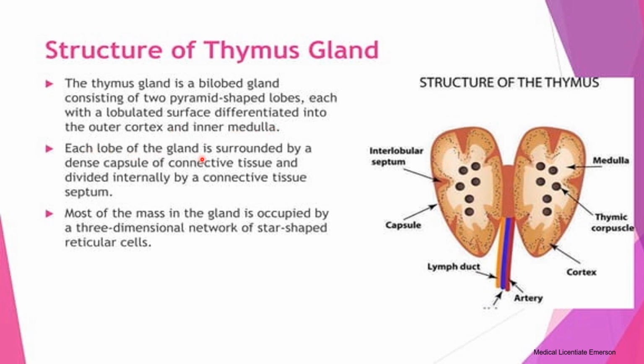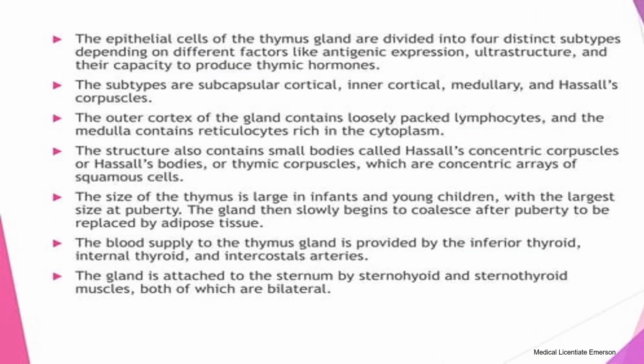Then each lobe of the gland is surrounded by a dense capsule of connective tissue and divided internally by a connective tissue septum. Then most of the mass in the gland is occupied by a three-dimensional network of star-shaped reticular cells.